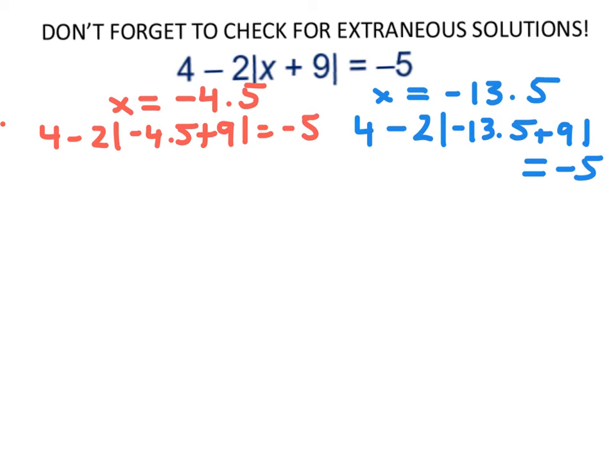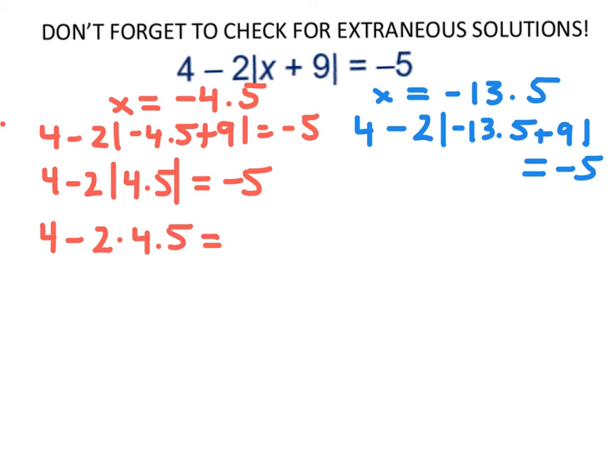Now if we solve the left side, I'm going to simplify inside the absolute value first. So it becomes 4 minus 2 times the absolute value of 4.5 equals negative 5. 4 minus 2 times 4.5 equals negative 5. Becomes 4 minus 9 using my order of operations, and simplifies to give us negative 5 equals negative 5, which is a true solution.